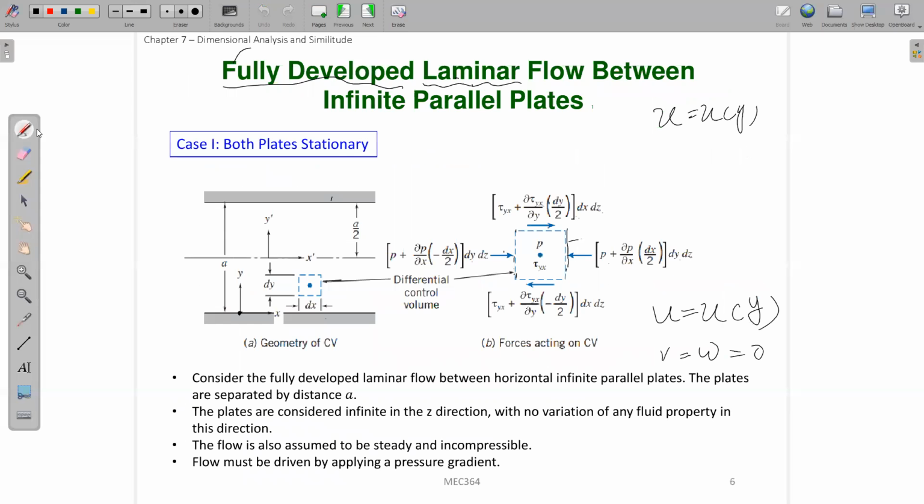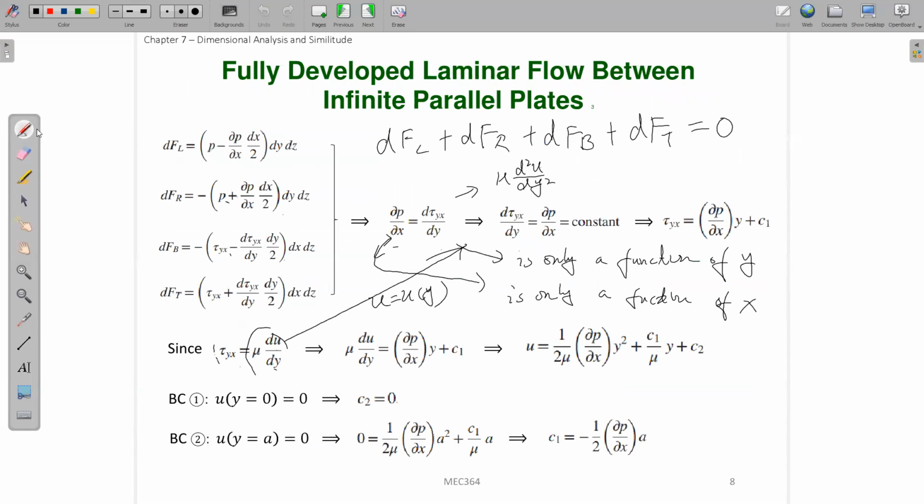Okay, so we found that by applying the x momentum equation, d tau yx over dy equal to dp dx has to be equal to a constant.